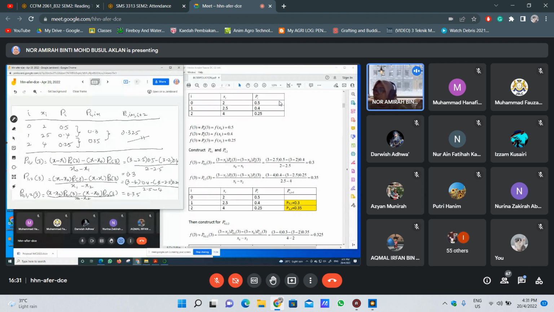So you have to think by yourself what is the value around 3, which is x0, x1, x2, tu apa value dia. Okay, maybe you would like to try to use 2.5, 3.5 and 4. Boleh juga. Terpulang pada you all nak guna berapa, as long as it's around 3. Betul, dia memang 3 value lah eh. 3 value.